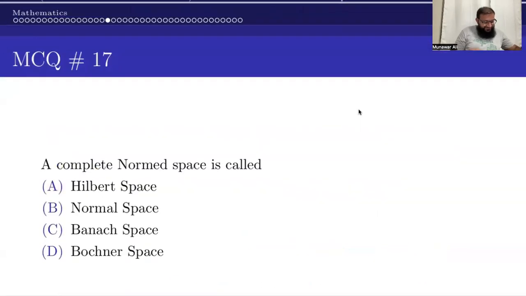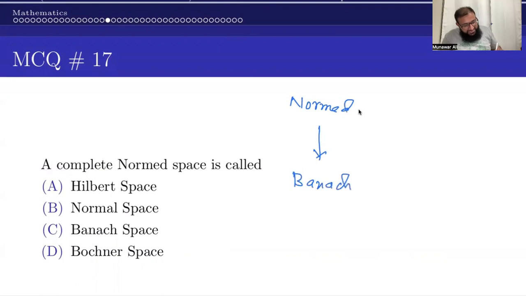No problem. And this is really an MCQ that I love, because you have a normed space and the complete normed spaces are called Banach spaces. You have an inner product space, and complete inner product spaces are called Hilbert spaces.